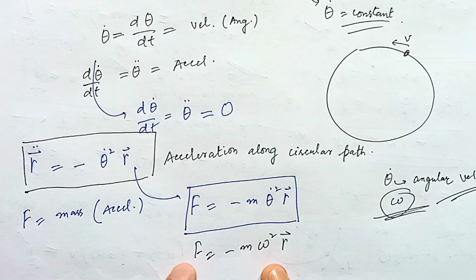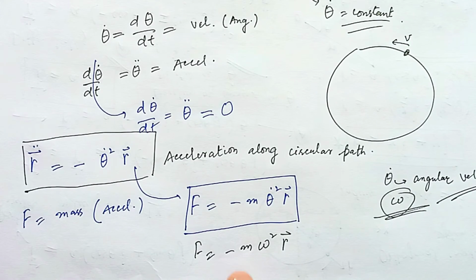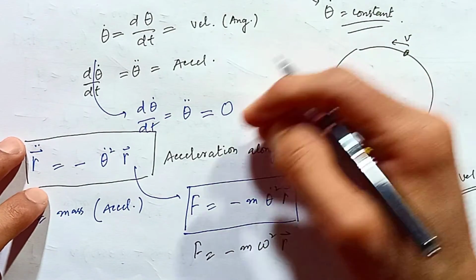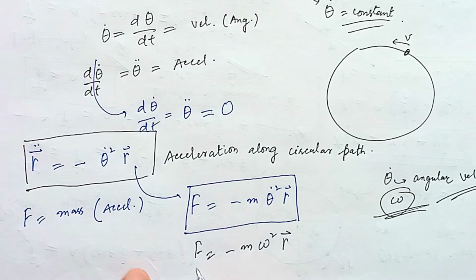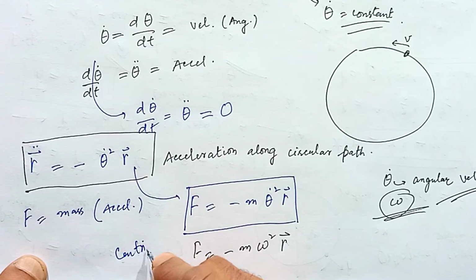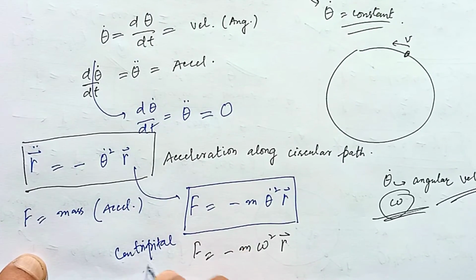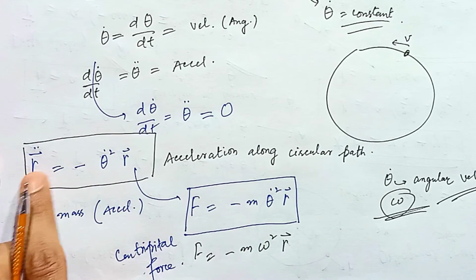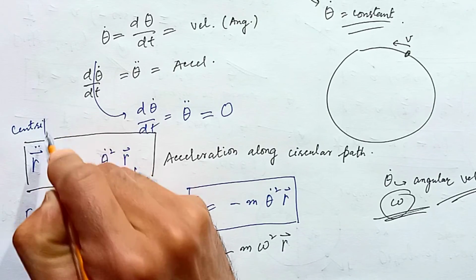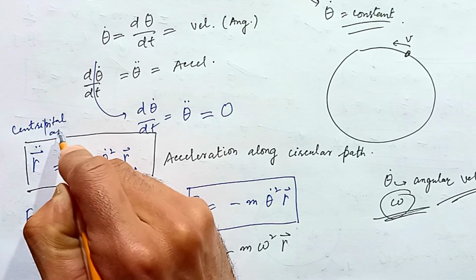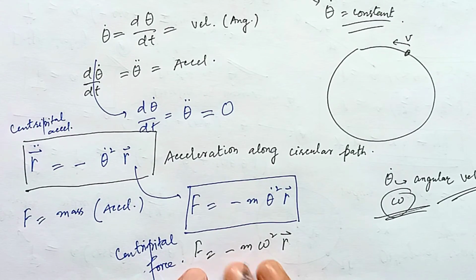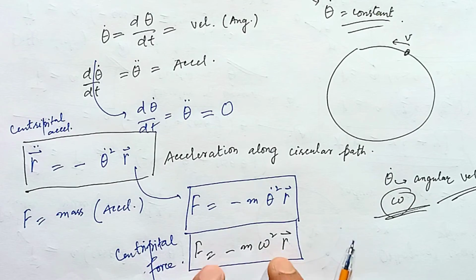This is the force which produces the acceleration inside the body even if it is moving with constant velocity. This force is called the centripetal force, and the acceleration which it produces is called the centripetal acceleration, because this acceleration is caused by the centripetal force, and this force is given by this very thing.